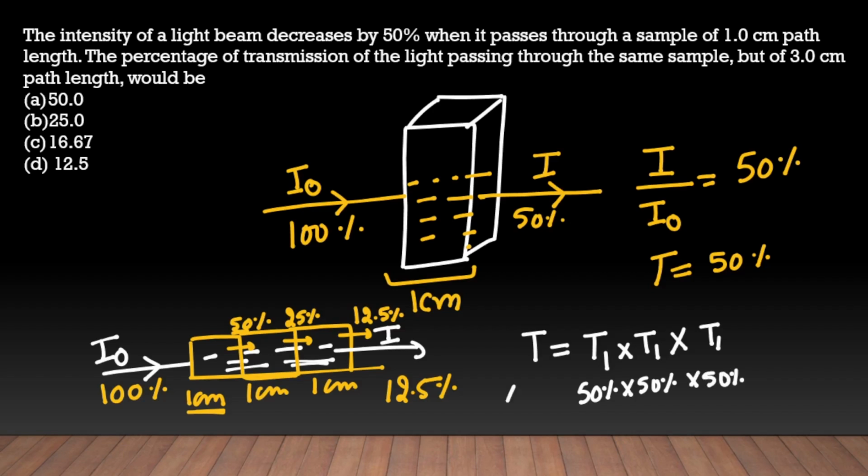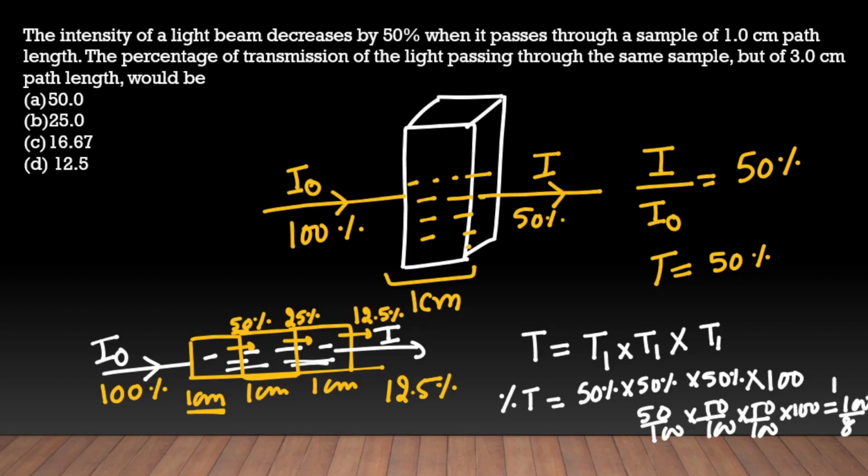Now the percentage of transmittance you have to find out, so multiply this whole with 100. You will be getting your percentage. So that will be 50 upon 100 into 50 upon 100 into 50 upon 100 into 100, which we will be getting as 100 upon 8. That becomes 12.5% again.